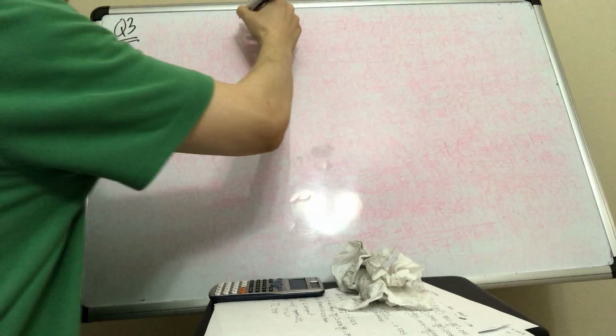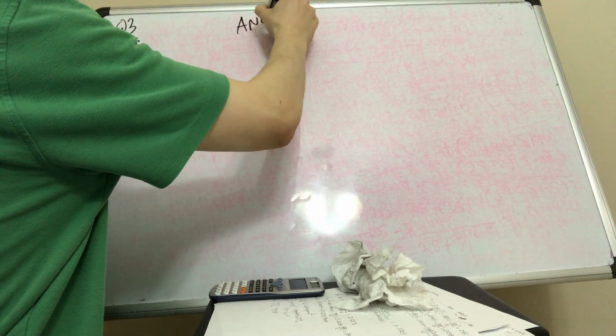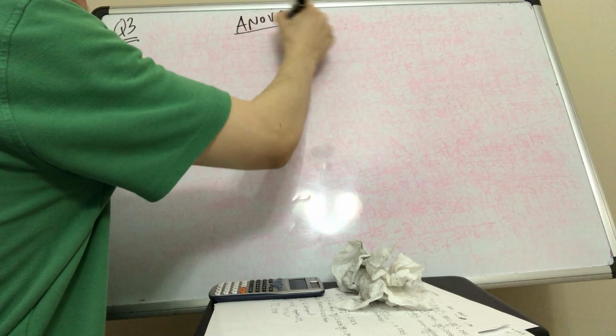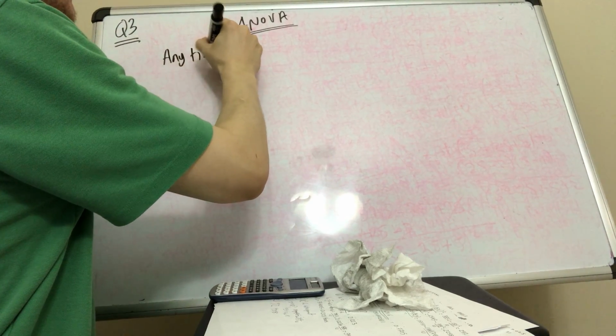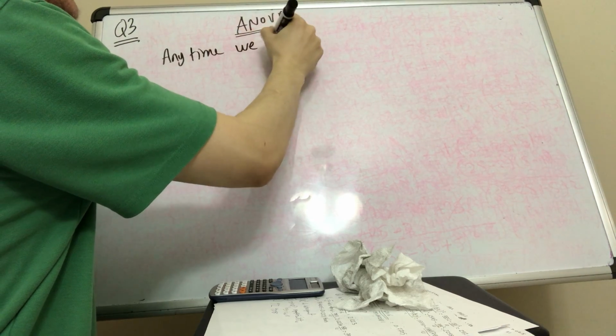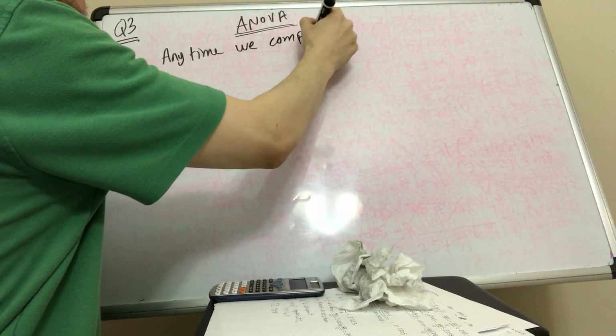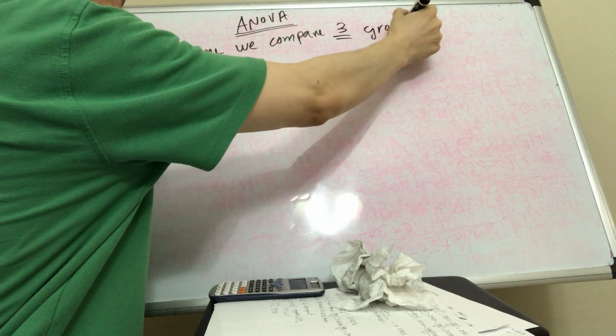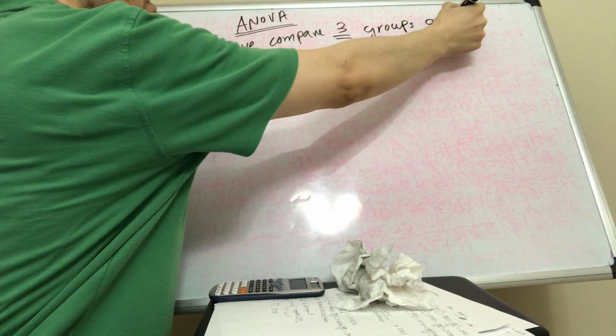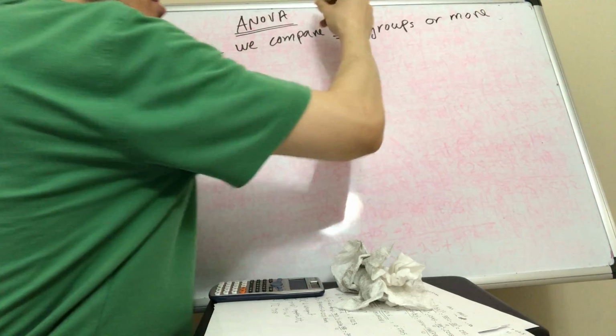If you go back to the assignment, question number 3, remember when I was talking about ANOVA? And I said, anytime we compare three groups or more, we use ANOVA.